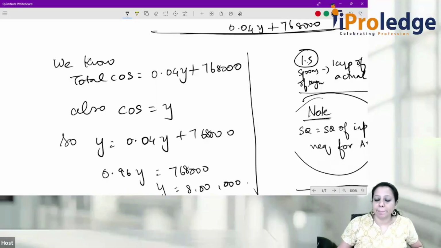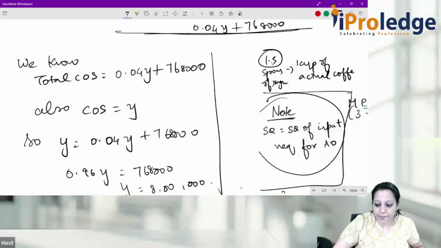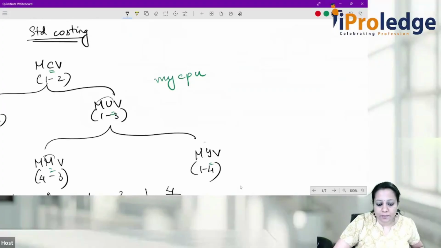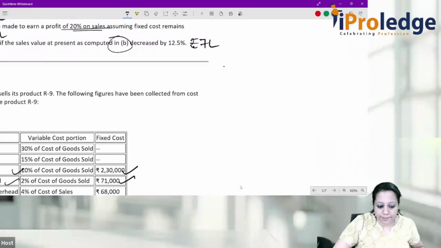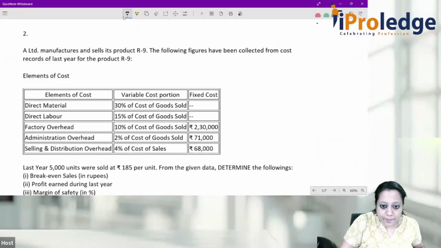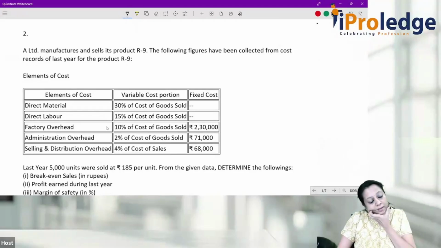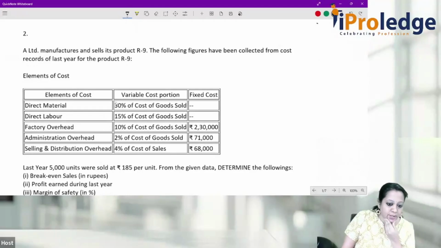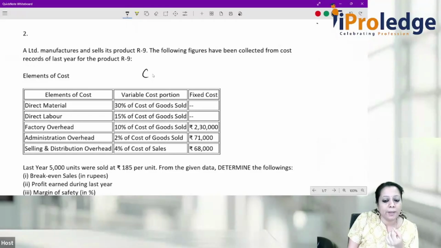Shall we proceed now? So this will be directly if I write, will you all be okay with that? You people write in the notebook.